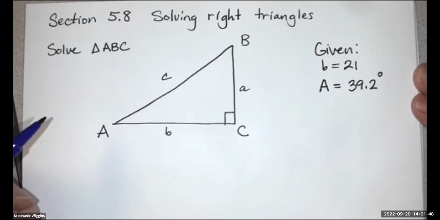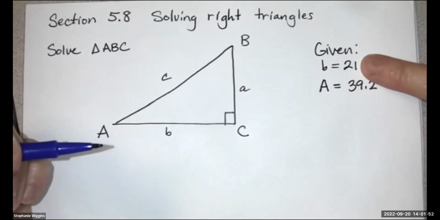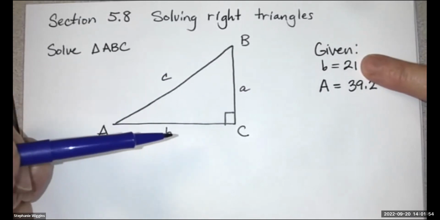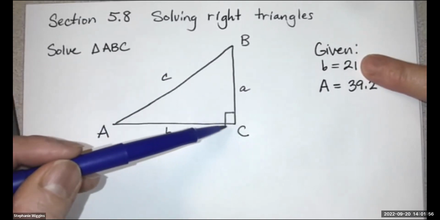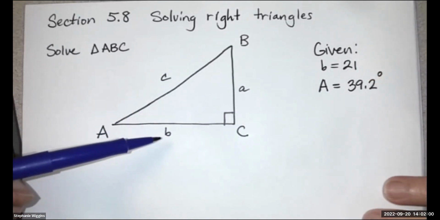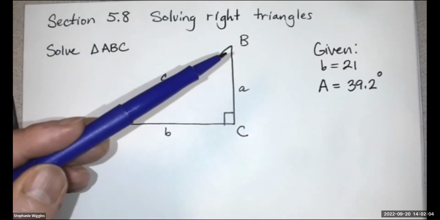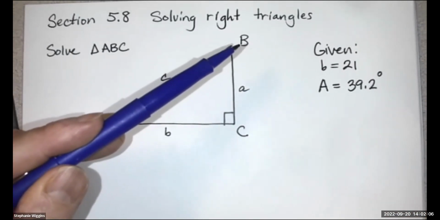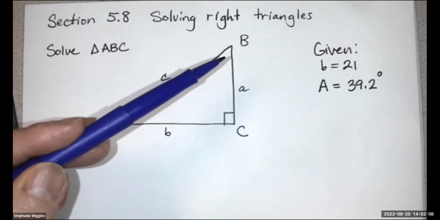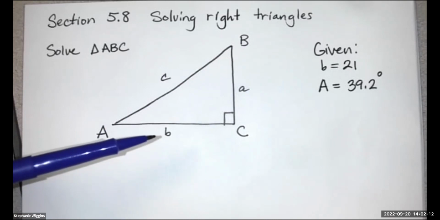In this example, I'm given that B equals 21, and the side is always represented with a lowercase letter that matches the letter for the angle. Capital B is the measurement of this angle, and opposite that angle is lowercase b.